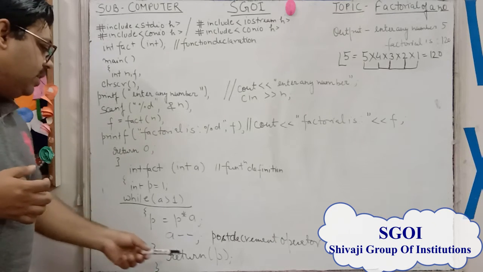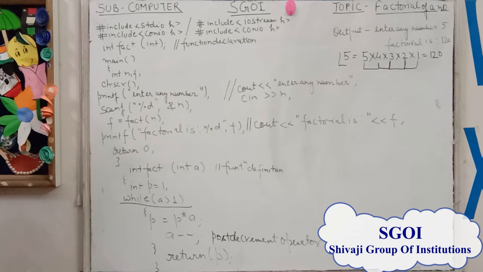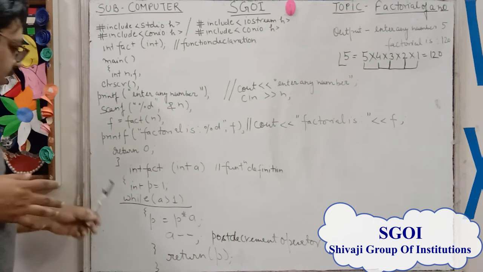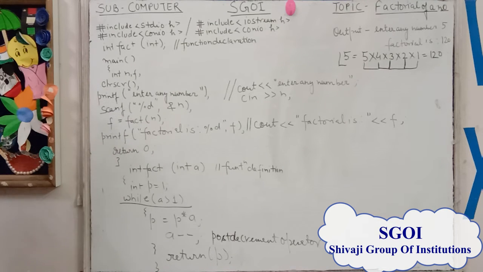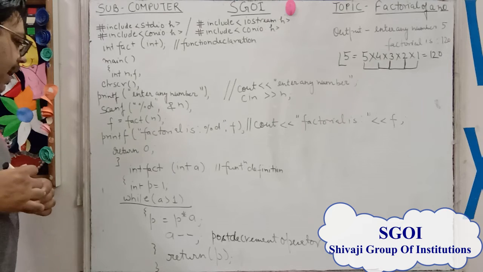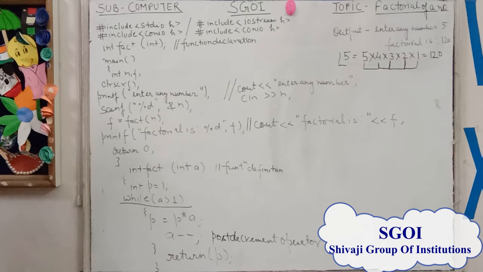In p 120 is stored and the condition is false. The control goes to the main function and the last value, which is p, prints 120. Thus we print the factorial of 5, that is 120.